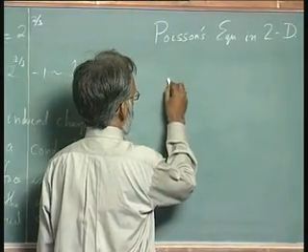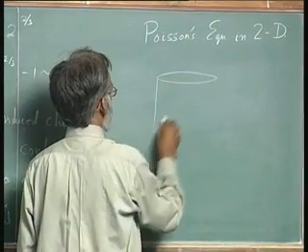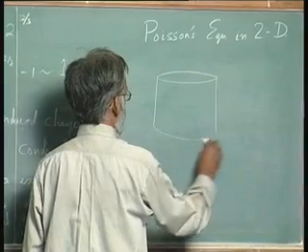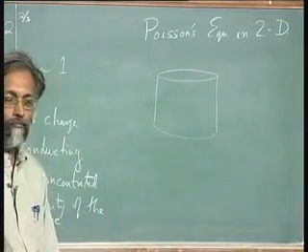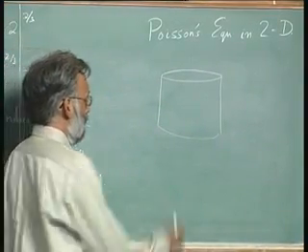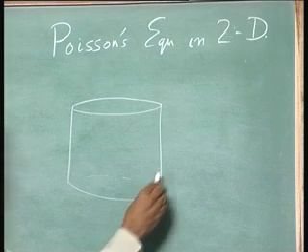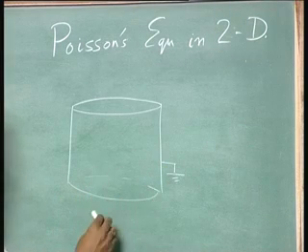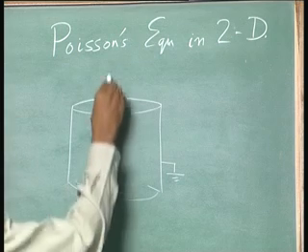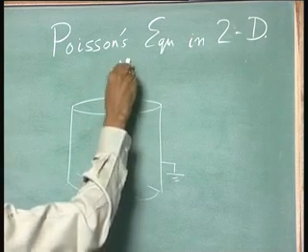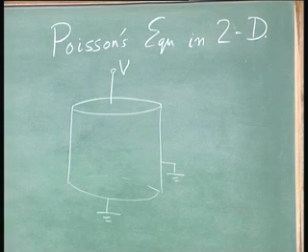Supposing I have a cylinder, and supposing I ground the side walls, I ground the bottom wall, and I apply a voltage V to the top wall.